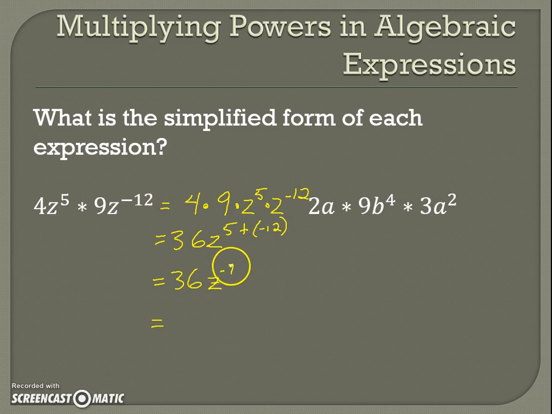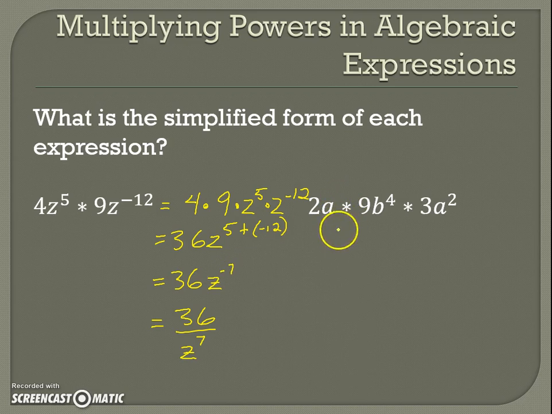So if I get to this end part and there's a negative exponent, then we need to go ahead and move that to the bottom. So that's going to be 36 over z to the positive 7th, which is what you learned in that last section. So this is the simplified form of this. If it tells you to write it using negative exponents, then you would do that. Otherwise, if it asks you to simplify, you never ever leave an exponent in its negative form.